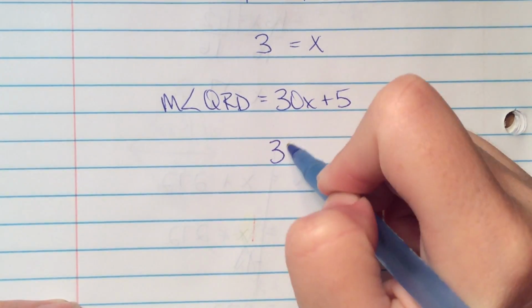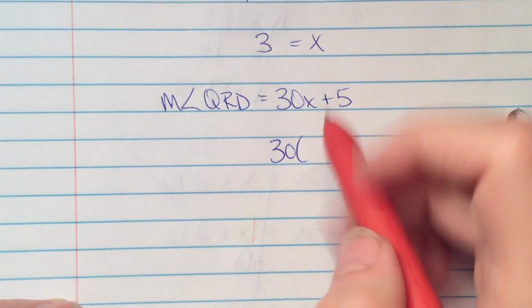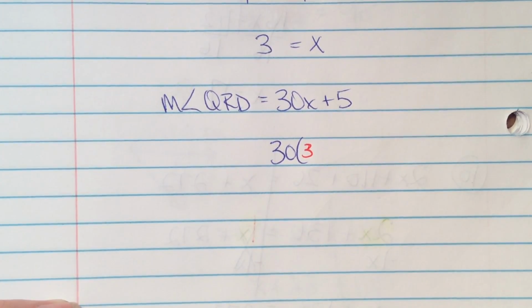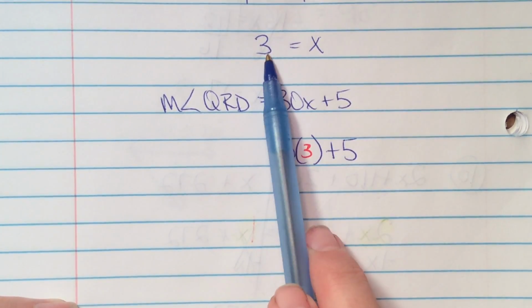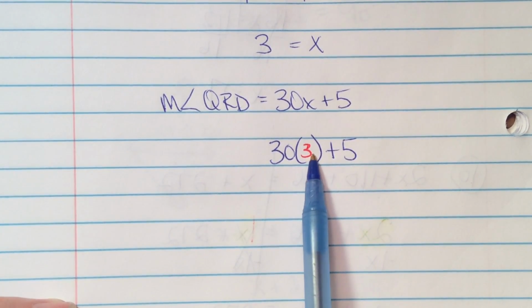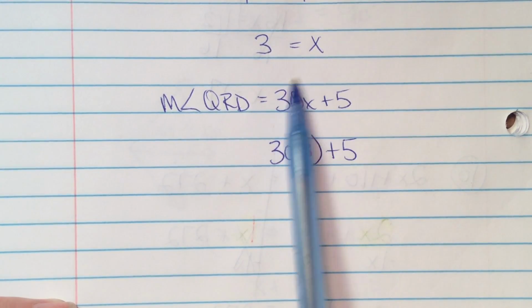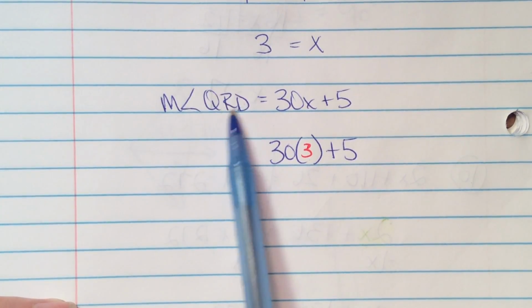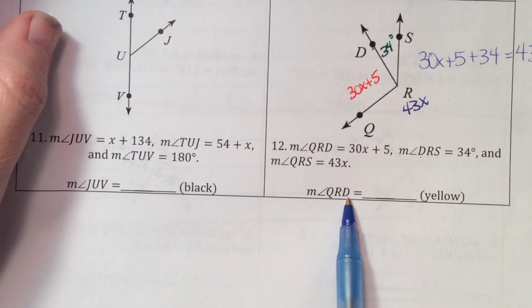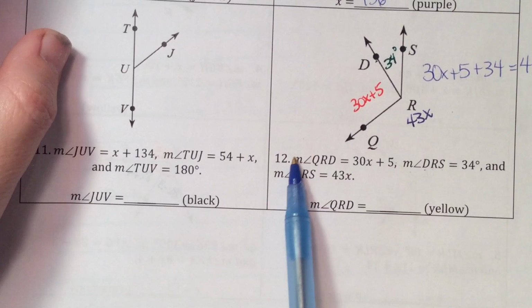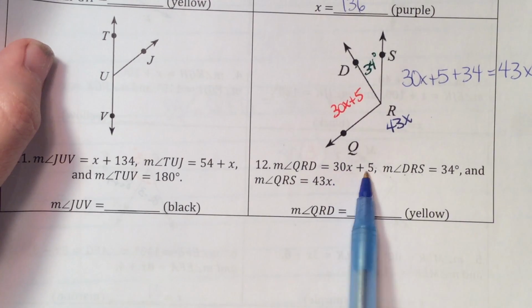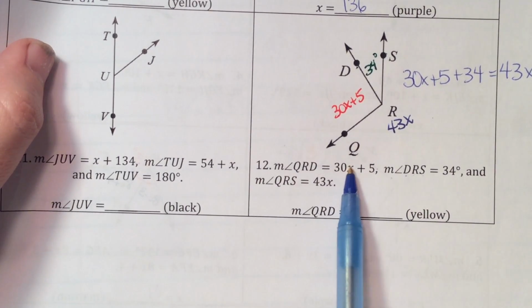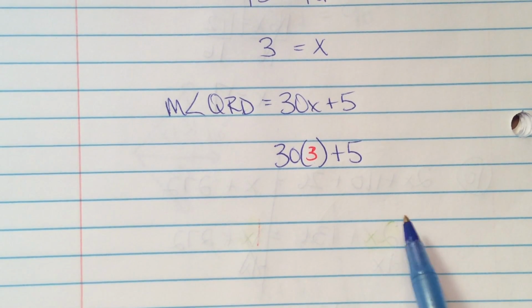So instead of writing x, I'm going to write a 3. Because we solved it. We know what x is now. X is 3. So I'm going to plug it back in. Everywhere there's an x in this expression, because this is what I'm looking for, they're asking me for the measure of angle QRD. And at the beginning of the problem, they said the measure of angle QRD is also 30x plus 5. Once you find out what x is, plug it back in, and then you'll know the angle measure.